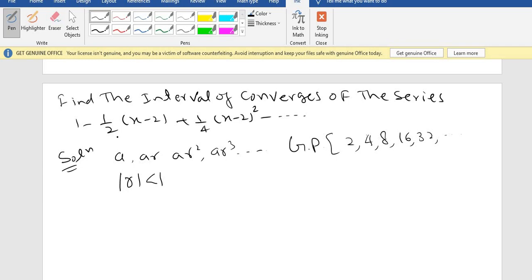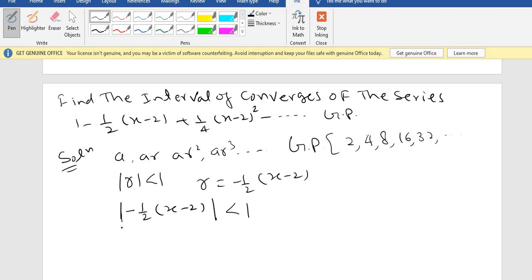So what we have to do: because this is in GP, r means this term. r is here minus 1 by 2 (x minus 2). So we solve it: the modulus of minus 1 by 2 (x minus 2) is less than 1, that means 1 is greater than it.